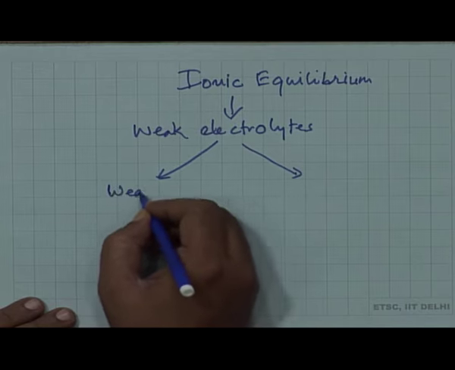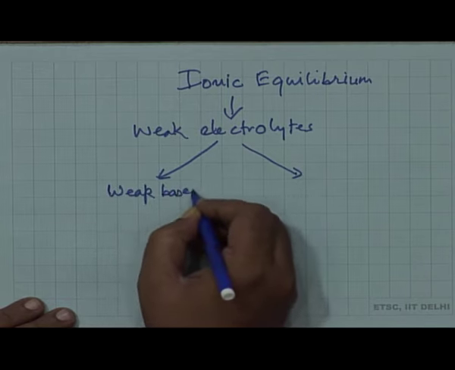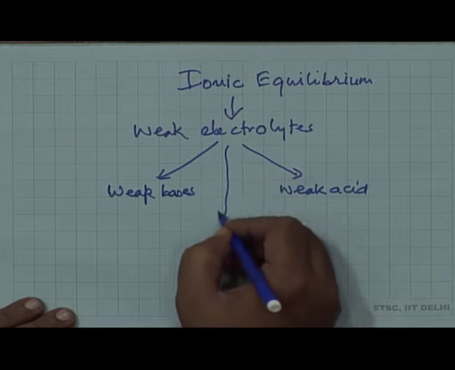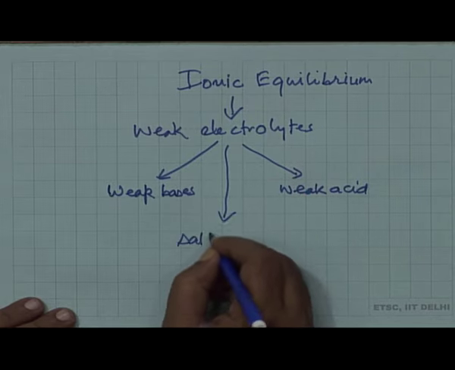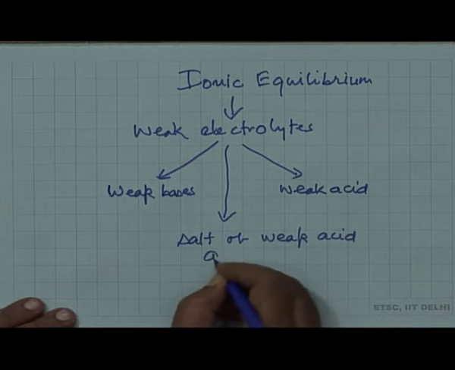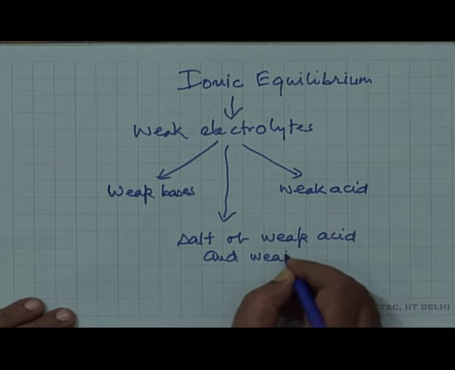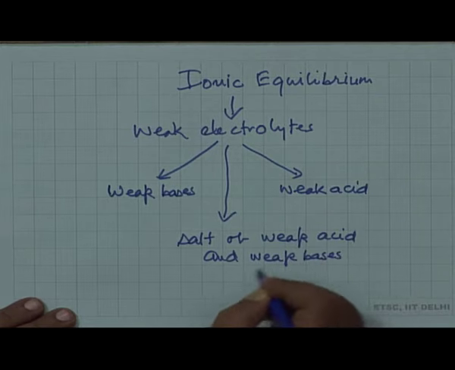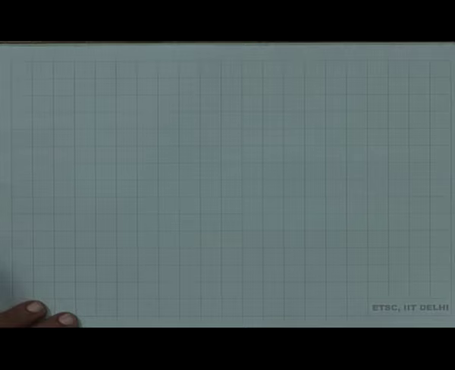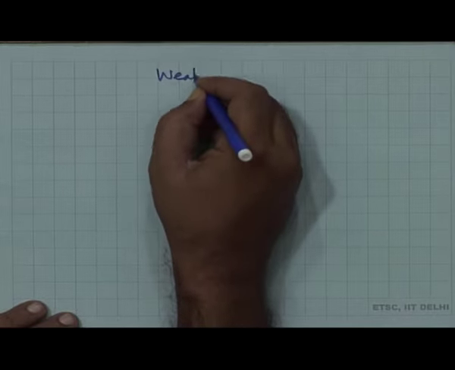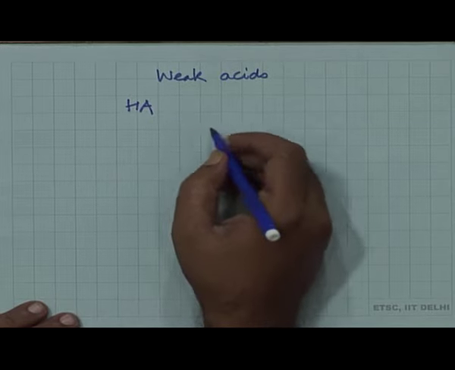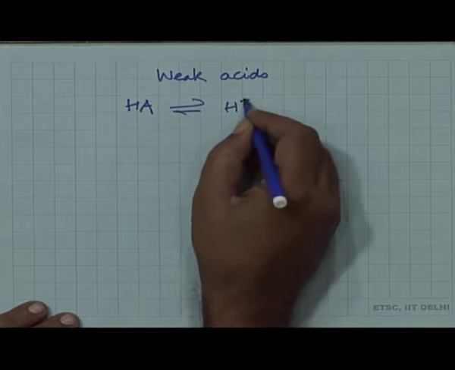Weak bases, weak acids and salts of weak acid and weak bases come into this category. In case of weak acids, we have equilibrium between undissociated species and dissociated species.